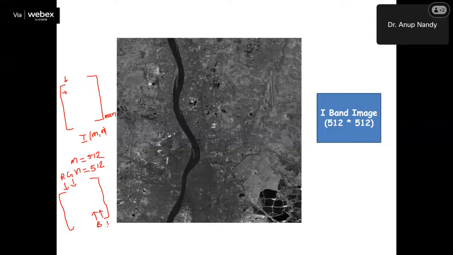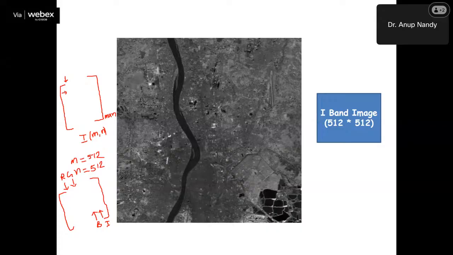So you are given this 4-dimensional feature vector, where each feature is an image. That is RGBI. This is the input data given to you: R band, G band, B band, and I band.